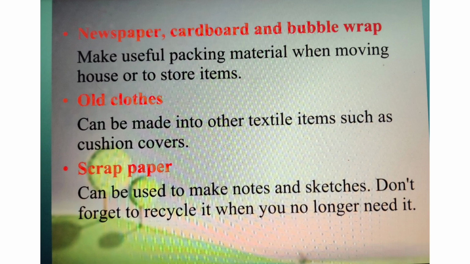Newspaper, cardboard and bubble wrap can be reused as packing material while shifting house. And old clothes can be used to make other textile items such as cushion covers, tablecloths, etc. An old bed sheet we can reuse as a cushion cover, or use it as a tablecloth, or else convert it into a napkin, etc. Then scrap papers can be used to make notes and sketches.